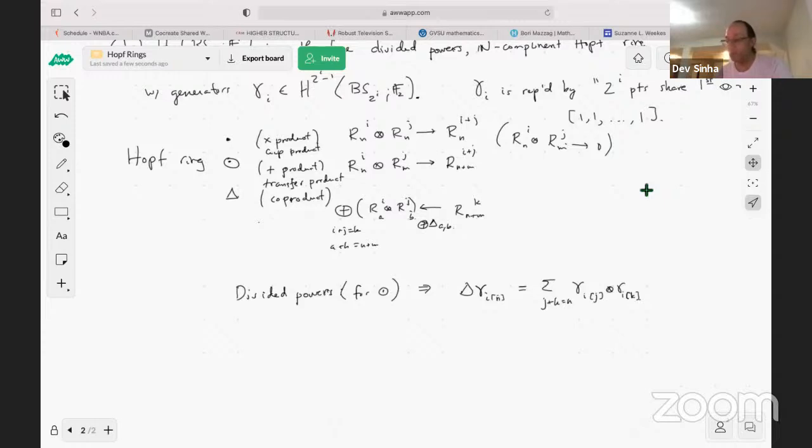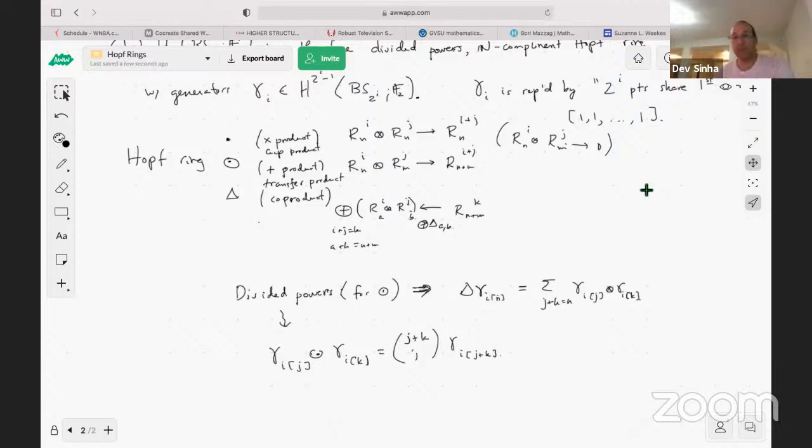And what that implies, if you plug things in, is what the divided powers for the product really means by definition. By definition, we have that gamma_j of I transfer product gamma_k of I is equal to the binomial coefficient, j plus k choose j, times gamma_{j+k} of I. So that's what it means to be a divided powers algebra.